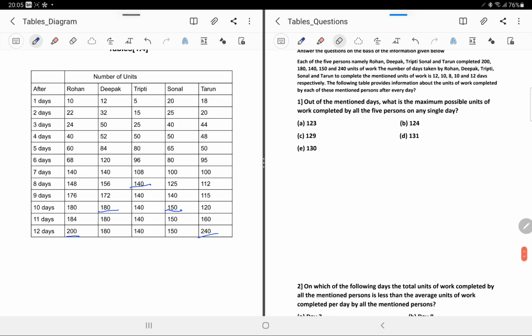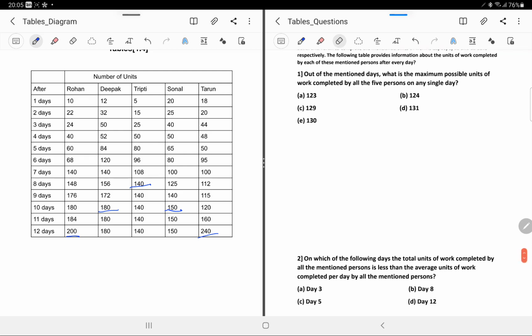These people are making bricks on the first day, second day and third day, and we need to find the day on which they ended up making the maximum number of bricks.